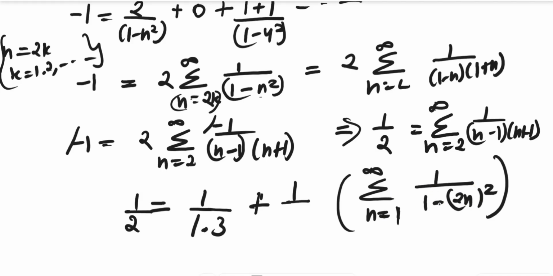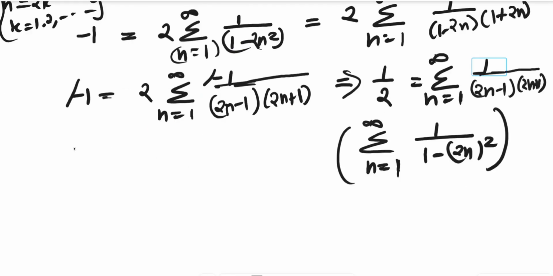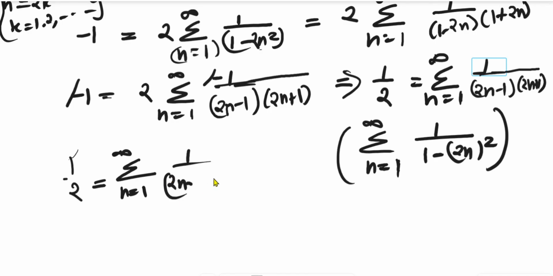So it is 1 minus 2n square. So ये जो भी है इस पे we can add 2. So finally it is 1 upon 2 is equal to summation n from 1 to infinity 1 upon 2n minus 1 and 2n plus 1.